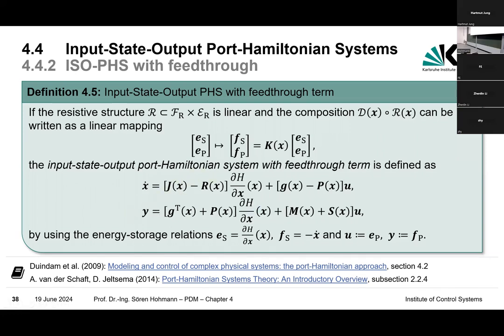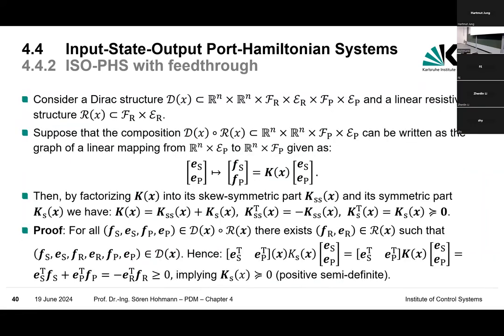The interesting fact is, this is shown here, if such a matrix K exists, then it can always be represented, as any matrix, by the way, as a symmetric and a non-symmetric part. It can be split into these two parts, where the skew-symmetric part has this property, and the second part is this one.